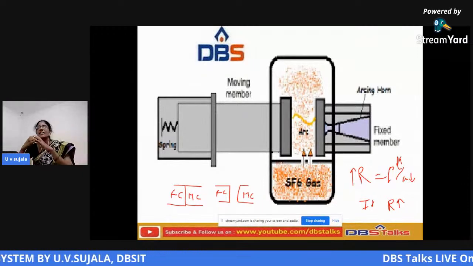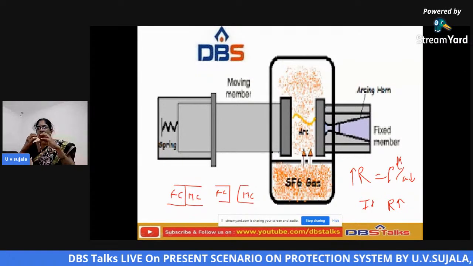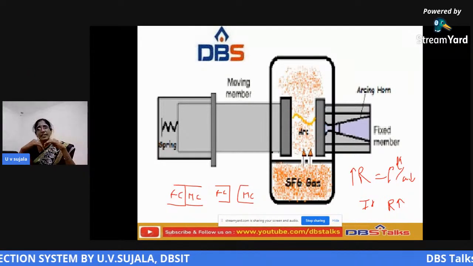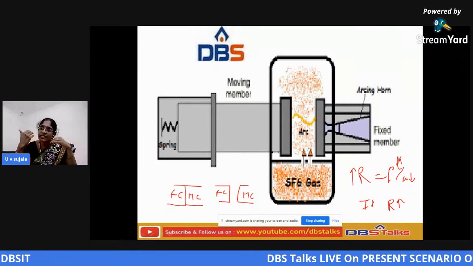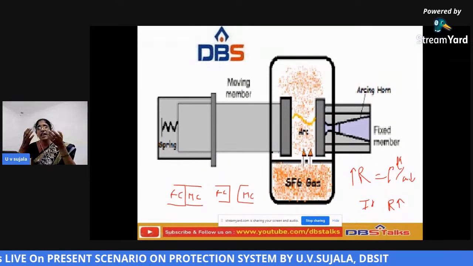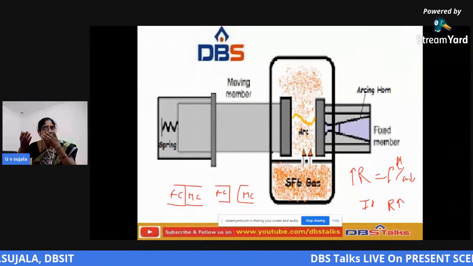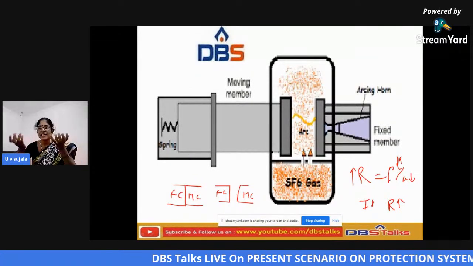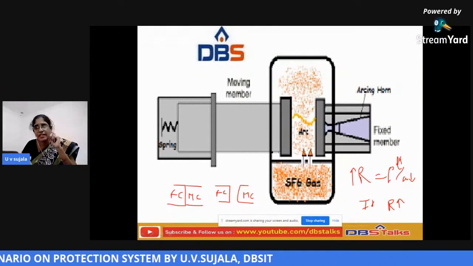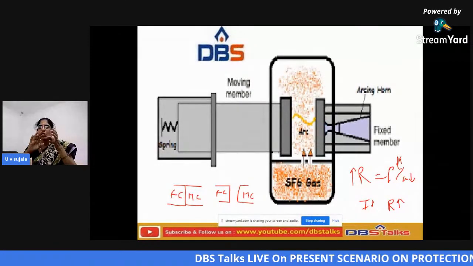The high resistance method is used where we decrease the cross-sectional area, increase the resistive strength, and increase the length of the material, and only then is the arc existence decreased. Otherwise, we have to cool the medium using some gases. This high resistance method is used for both DC and AC.